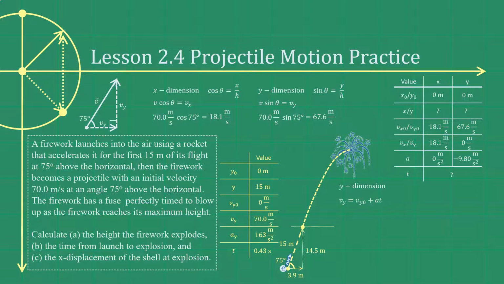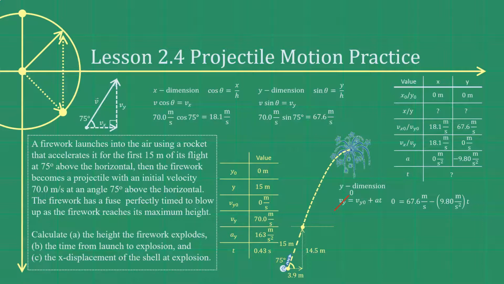Let's start with time. So I can use this simple definition of acceleration equation to solve for time by plugging in everything I know. Is anything going to go to 0? Well, in this case, my final velocity is 0. So I'm going to have the expression 0 equals 67.6 meters per second minus 9.8 meters per second squared times time.